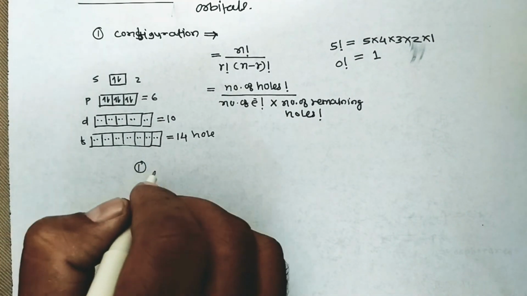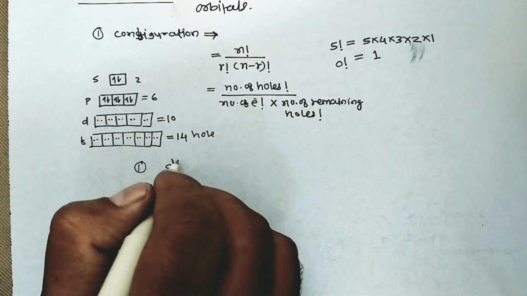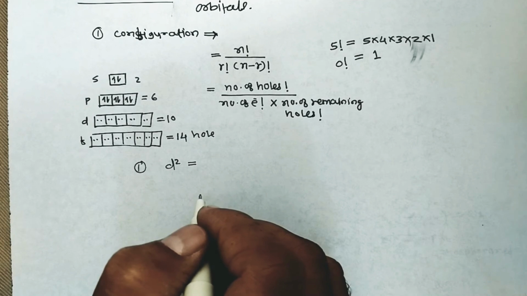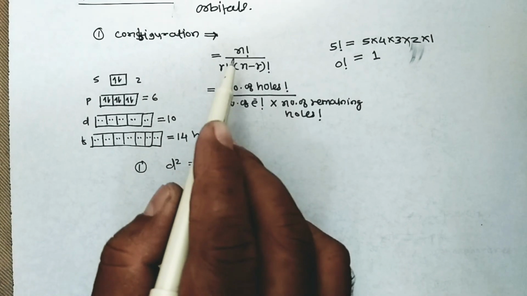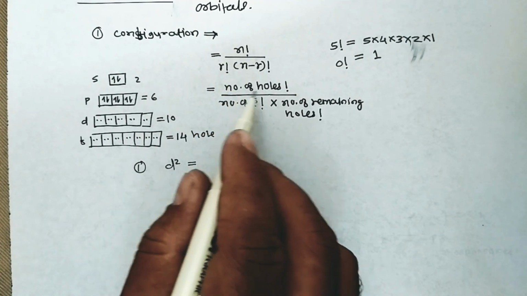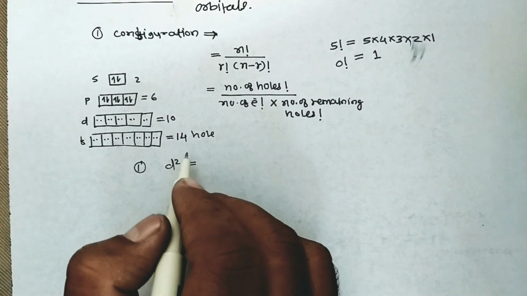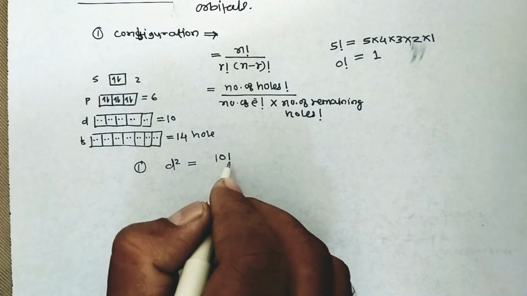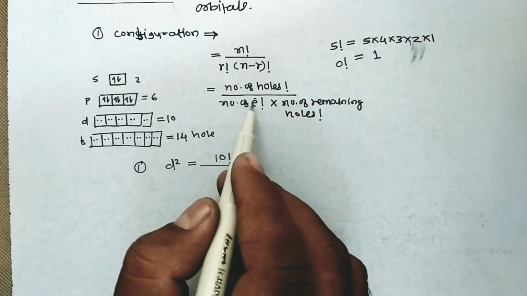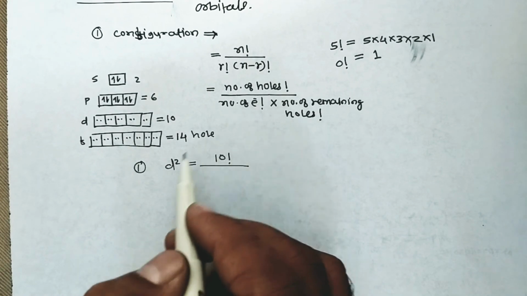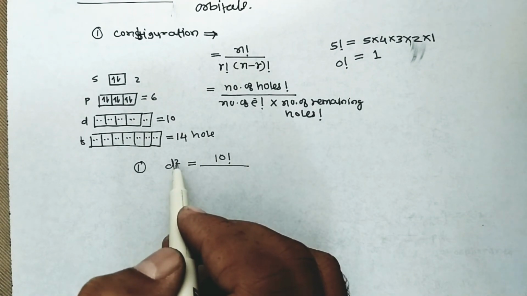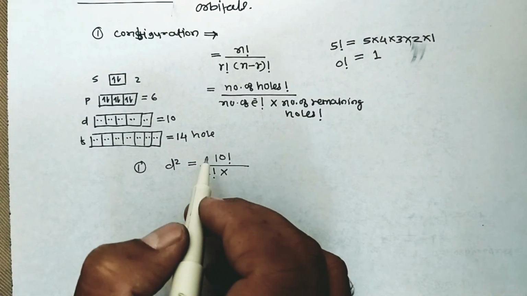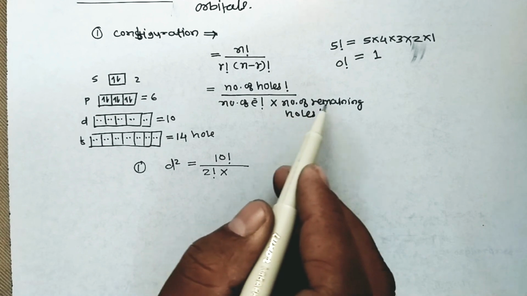First example: for d2 configuration, what will be the number of microstates. Now the formula is n factorial, that is the number of holes. We know that the number of holes for d is 10, therefore we can write 10 factorial upon the number of electrons, 2 factorial, into the number of remaining holes.